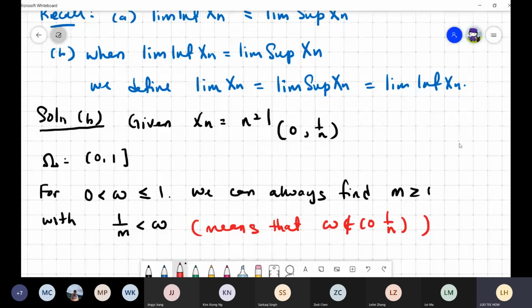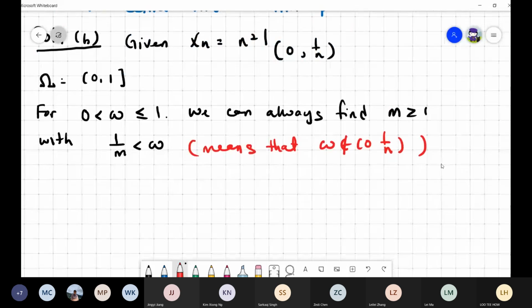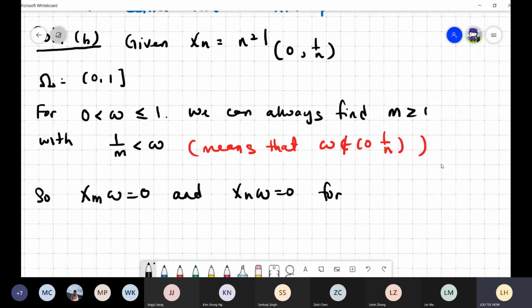So Xm of omega will be 0, and also Xn of omega will be 0 for all n larger than or equal to m. Because this is equal to 0, hence the limit of Xn will be equal to 0.